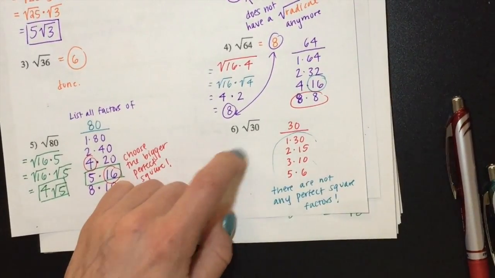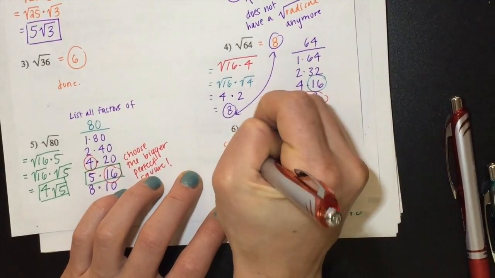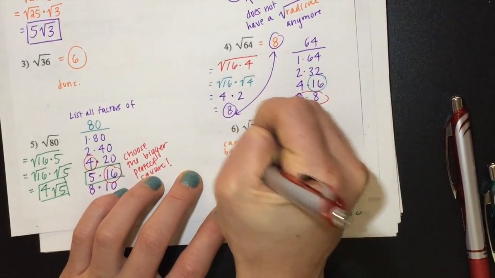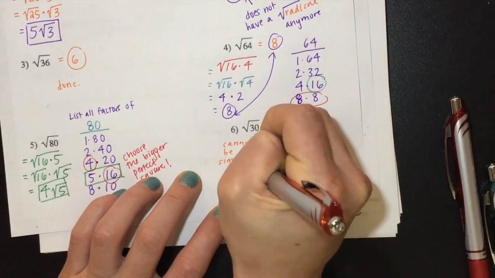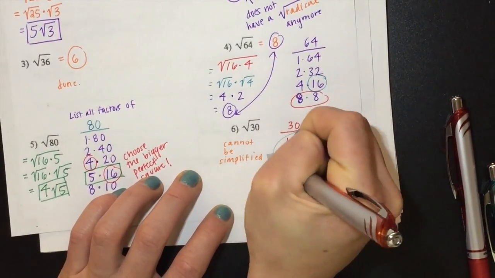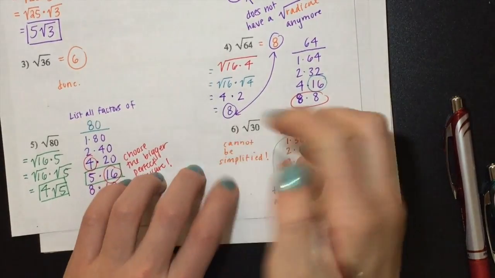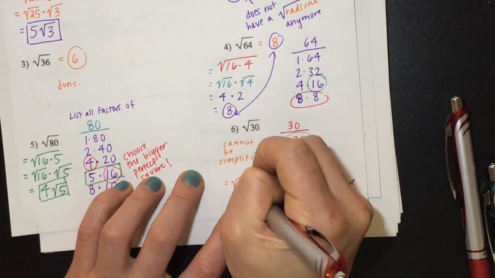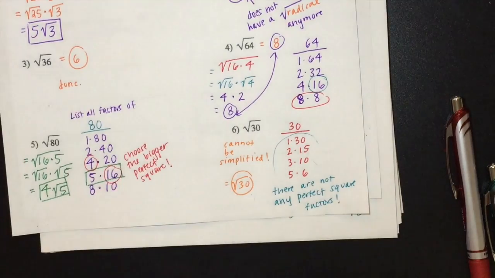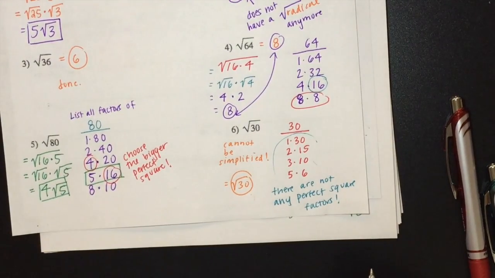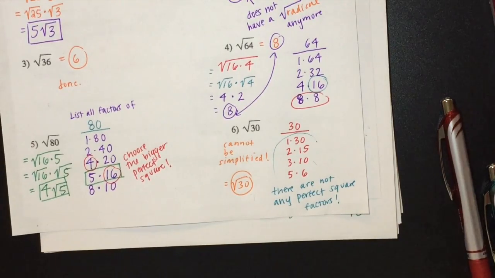So this cannot be simplified, because there are no perfect squared factors of 30. So the best we can do is say that's equal to square root of 30. That's it. Okay? That is it for the notes.